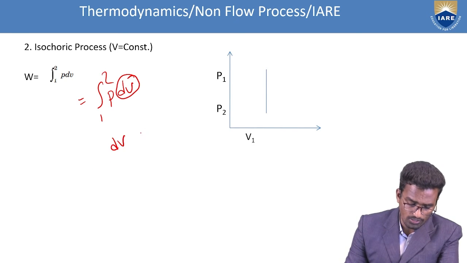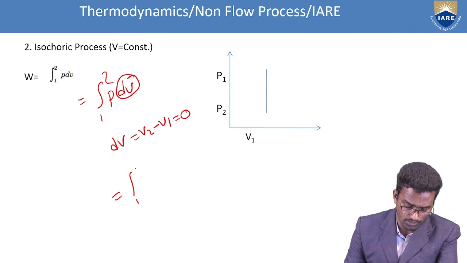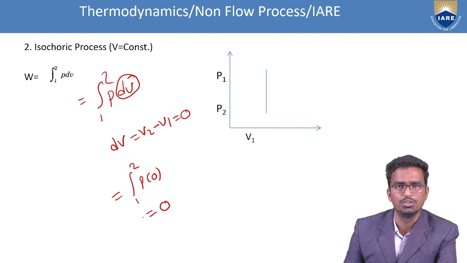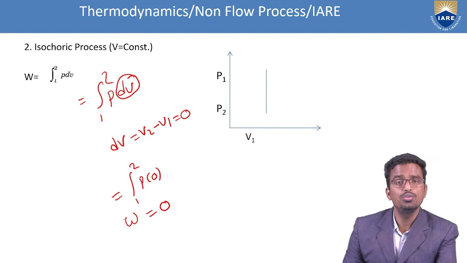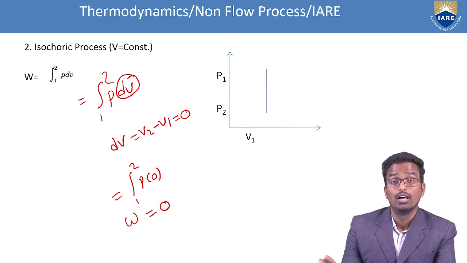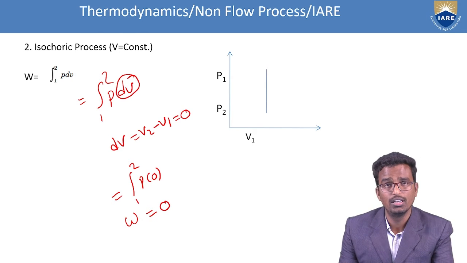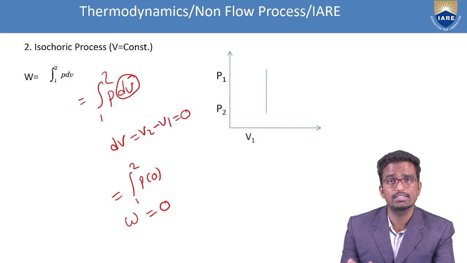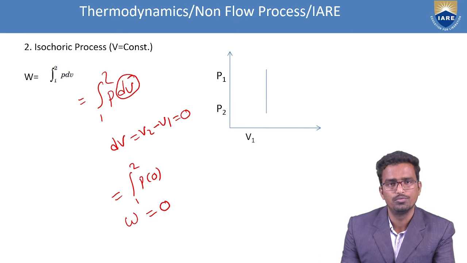That means dV, that is V2 minus V1, is equal to 0. Now substitute the same value here: P into 0. What value do you get? You get 0. So the work done equals 0. From this we can say that the work done by an isochoric process in a non-flow process is 0.